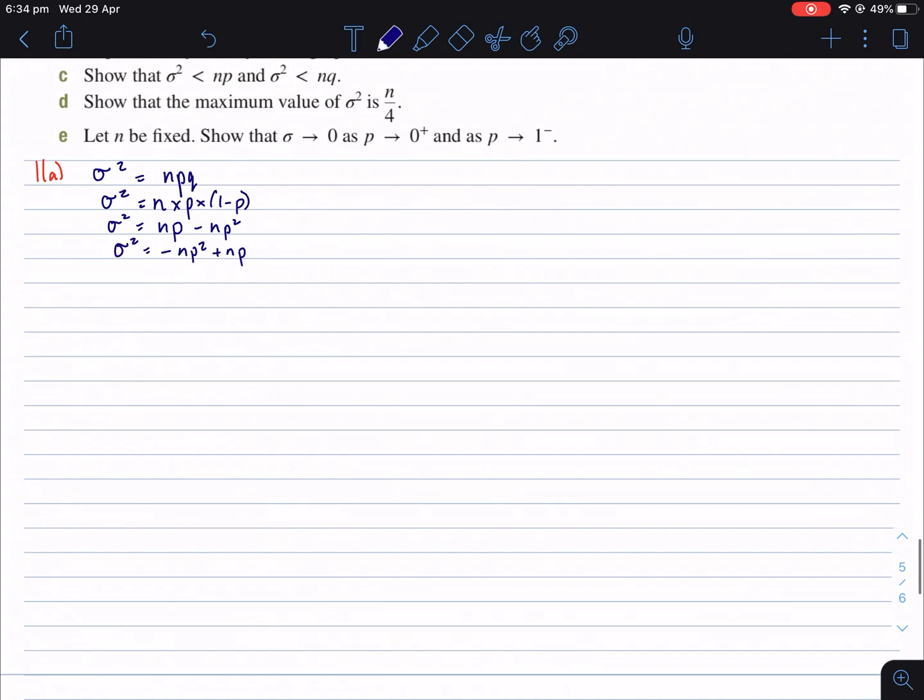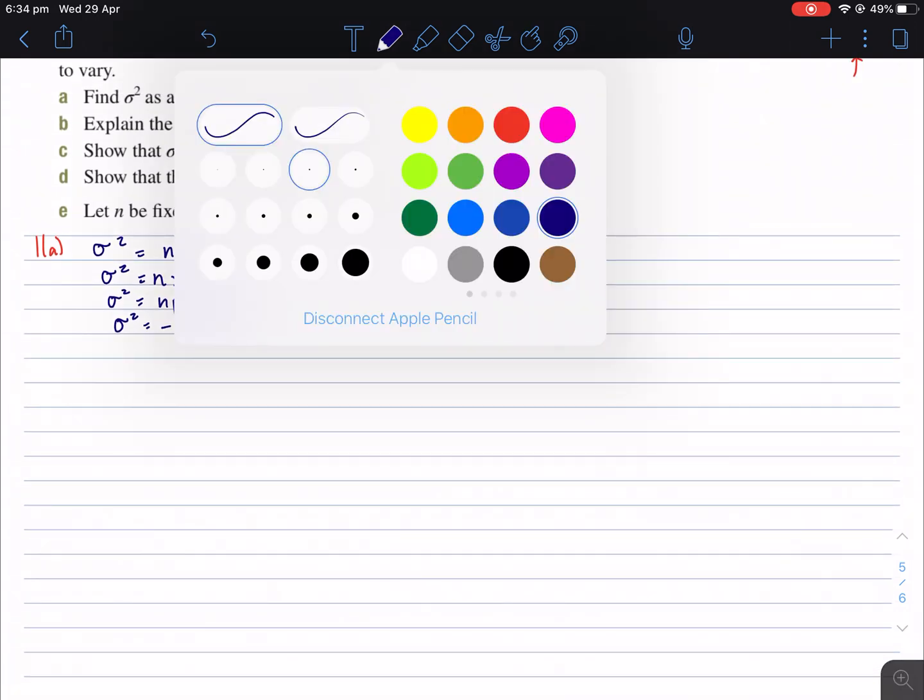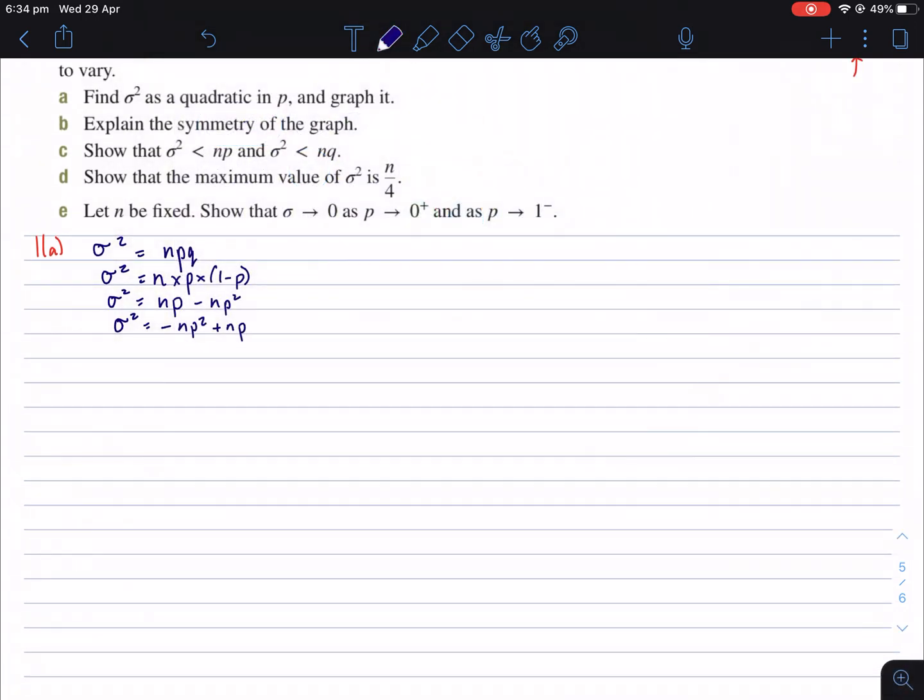Which, if we wanted to graph as a quadratic, oh no, I should have left it as negative NP outside of P take 1.